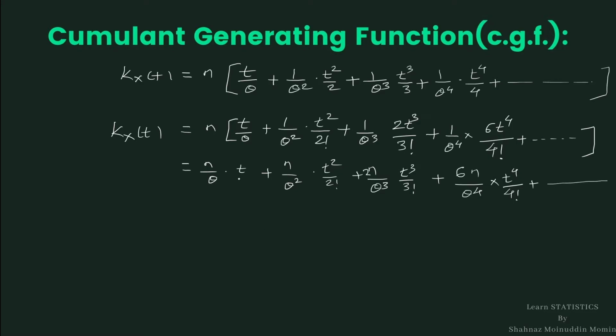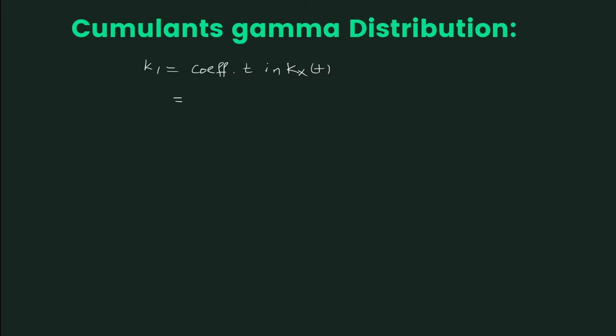Then the coefficient of t is n upon theta. Hence the first cumulant is n by theta. K1 equal to n upon theta.